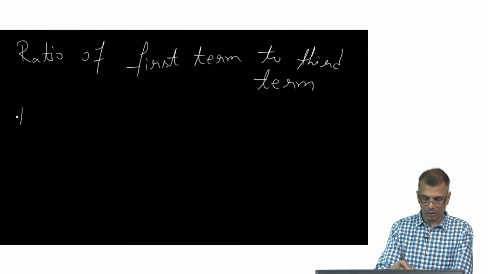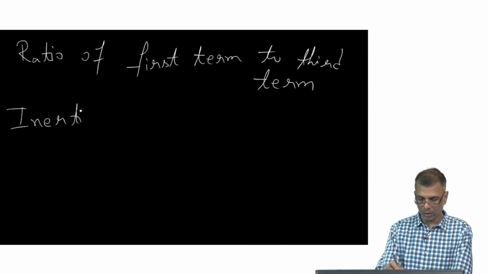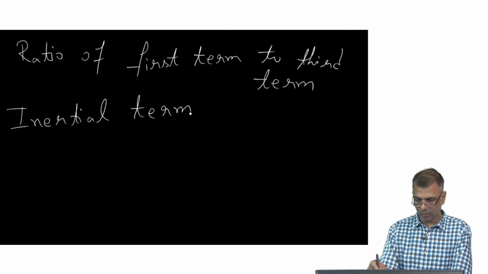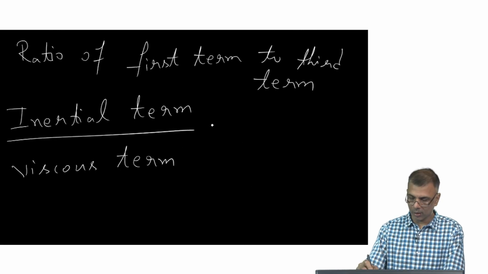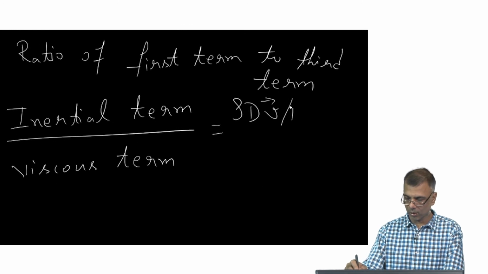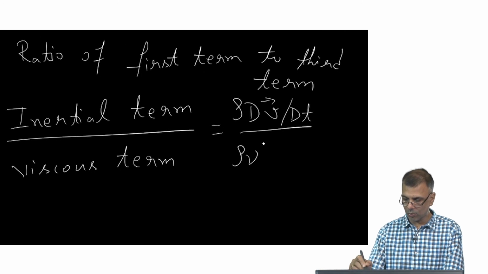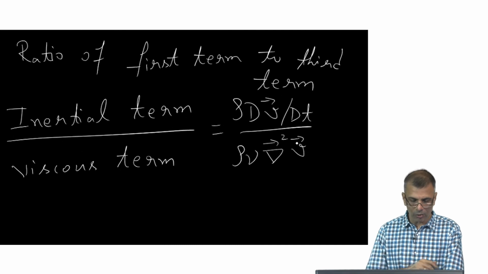In other words, inertial term over viscous term, which is essentially rho dV/dt over rho nu, and so on. Notice this is of order rho v squared over L, and this is of order rho nu v over L squared.